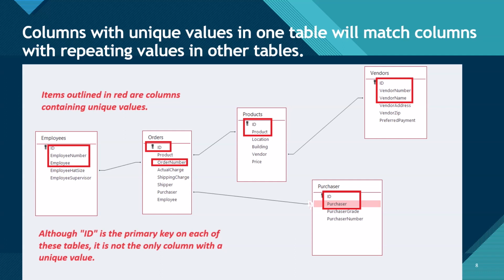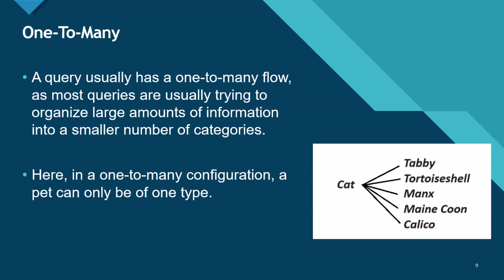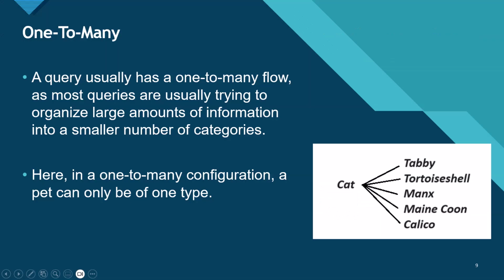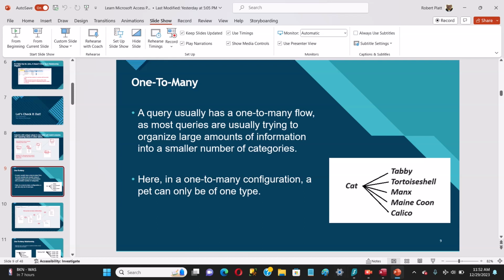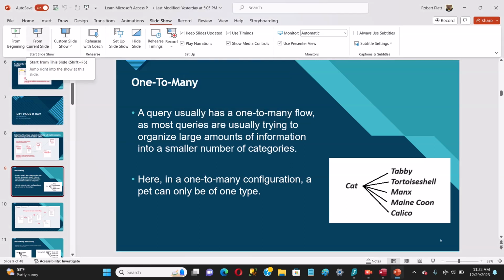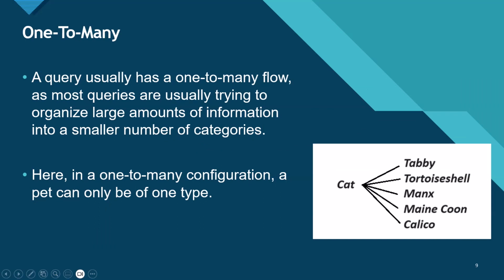There's another way of looking at this, and that's a one-to-many relationship. A one-to-many relationship is how a join works, usually.